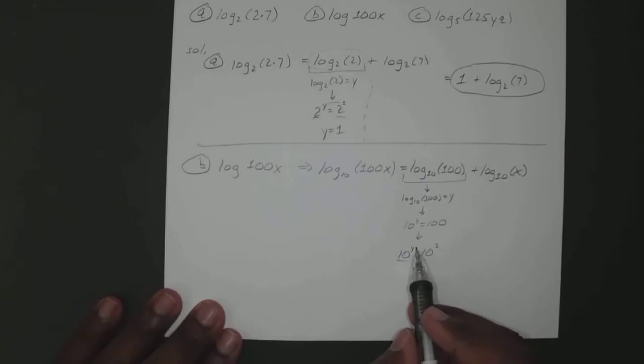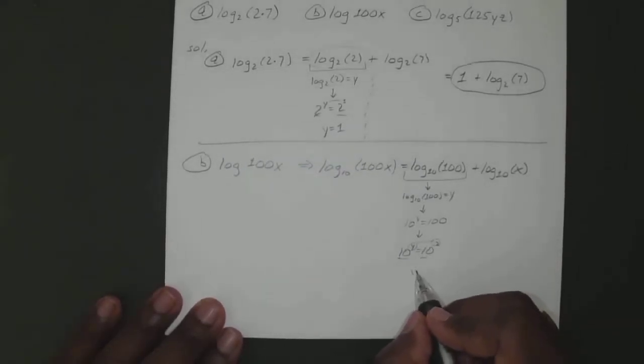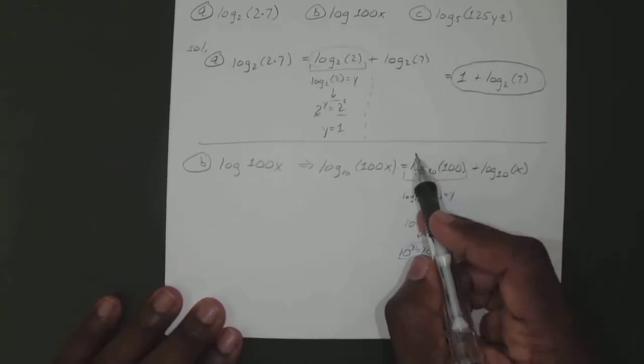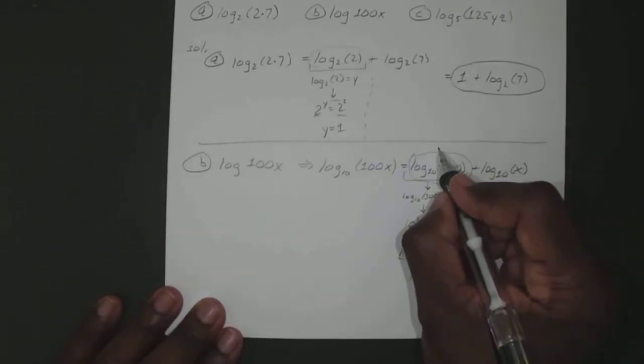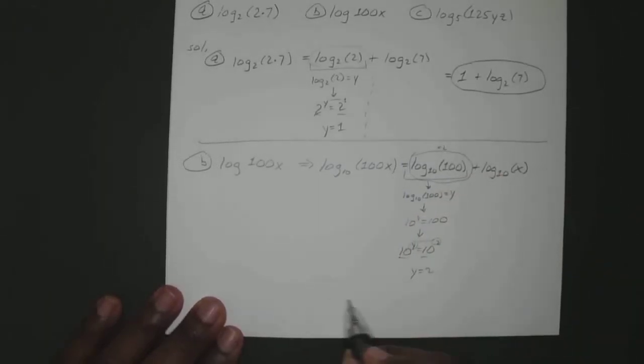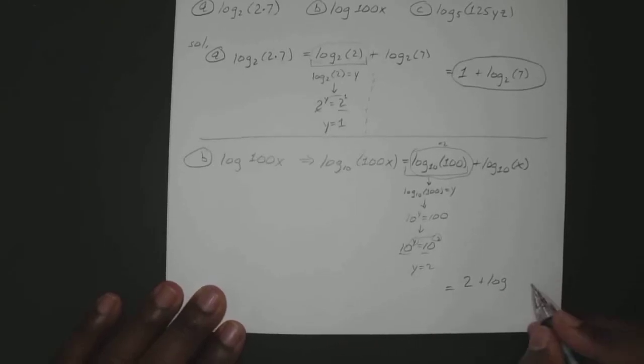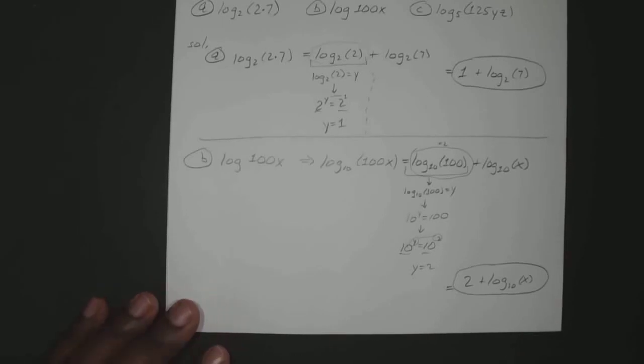Our bases are the same, which means this is only true if our exponents are equal. So y is equal to 2. That means this term is equal to 2. So that gives us our final answer: 2 plus log base 10 of x. Thought I could get all 3 on this page. All right, any questions on that one?